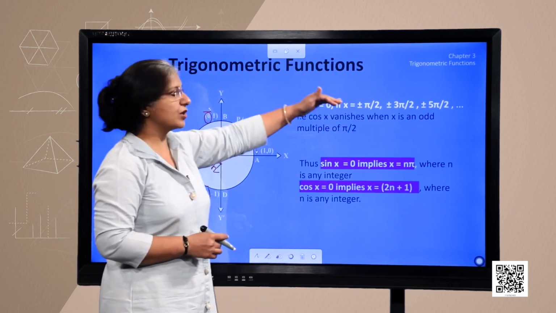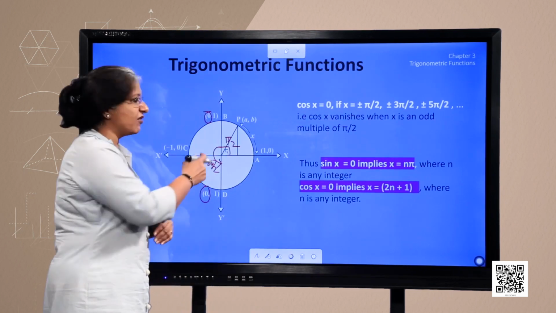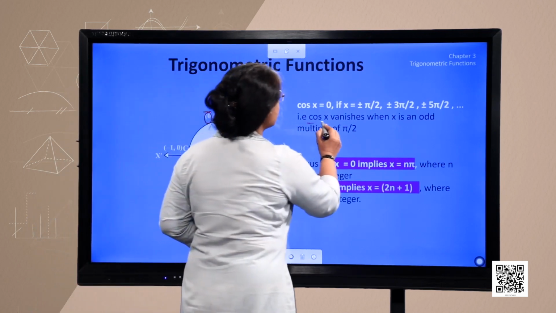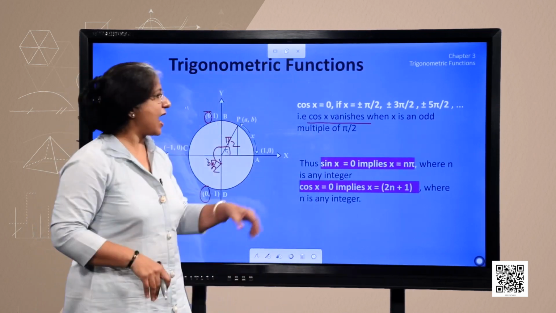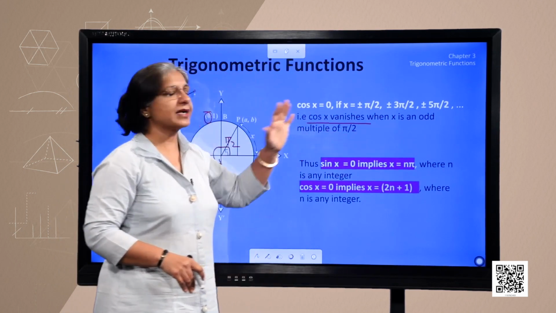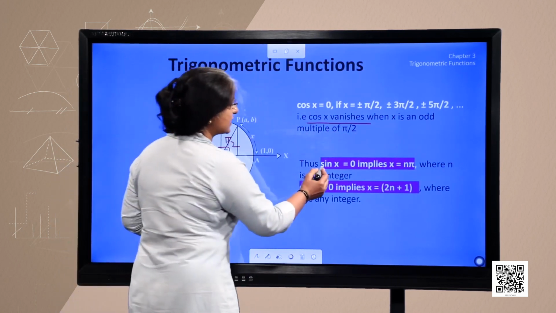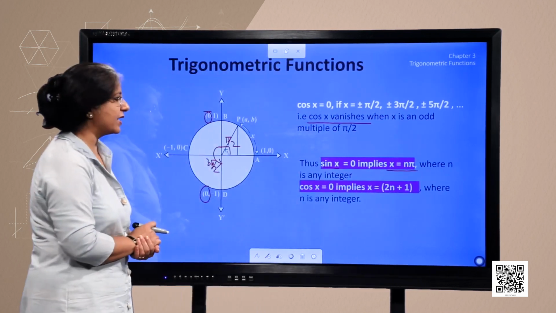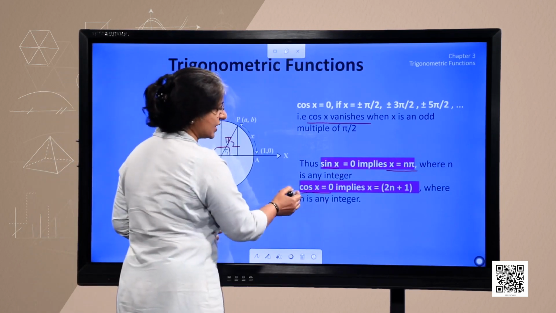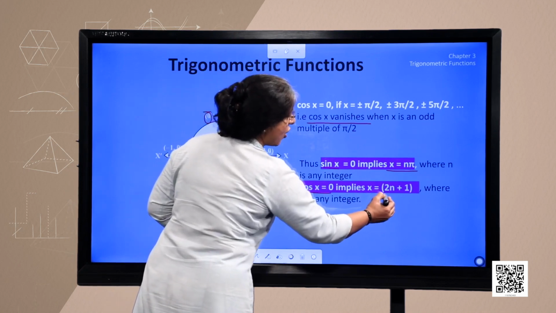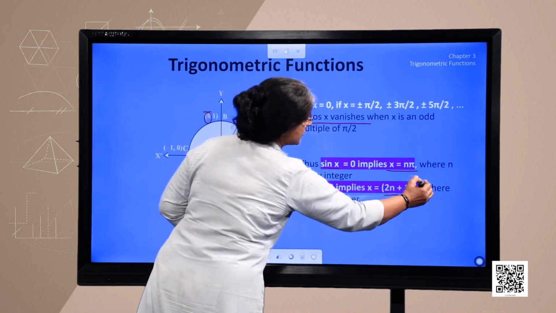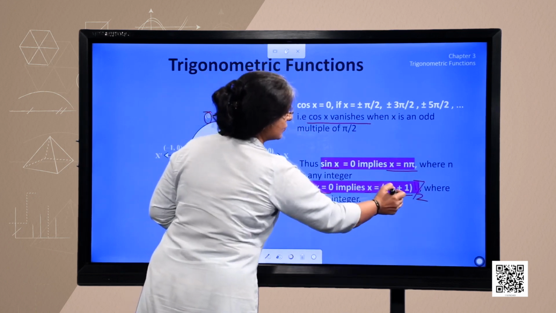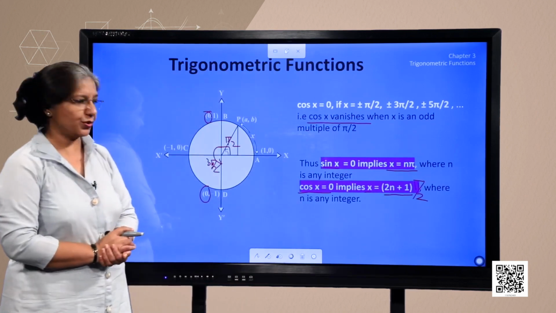So, at pi by 2, 3 pi by 2 or any odd multiple of pi by 2, cos will be 0. So, we can say cos x vanishes when x is an odd multiple of pi by 2. So, sin x is 0 when x is an integral multiple of pi, or cos x is 0 when x is an odd multiple of pi by 2.